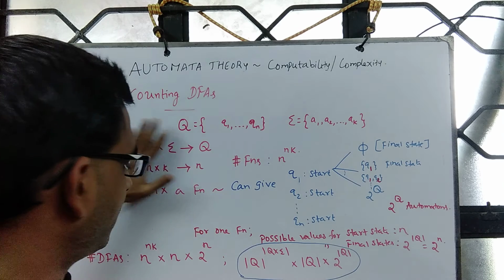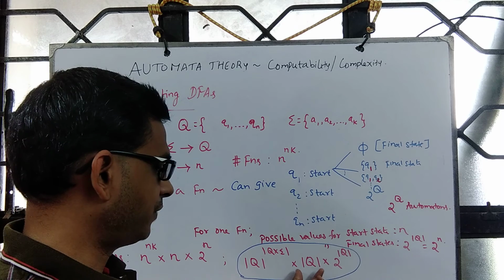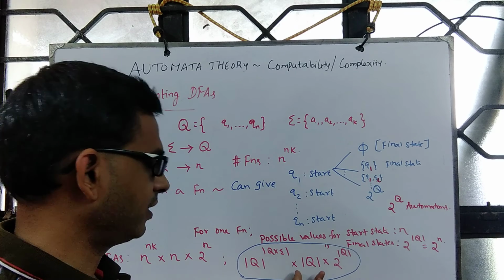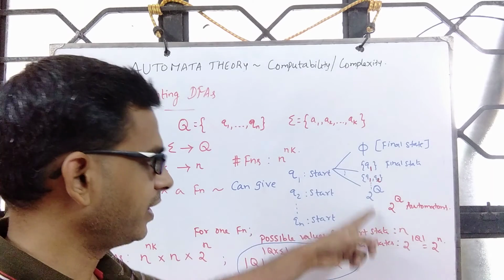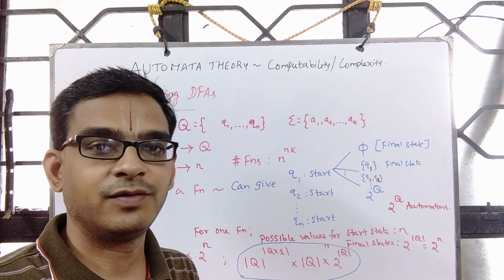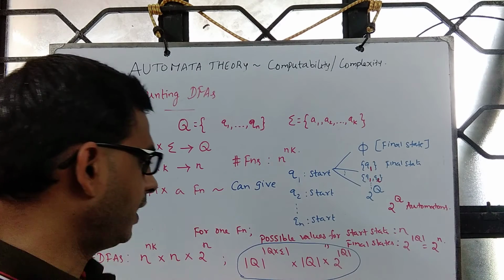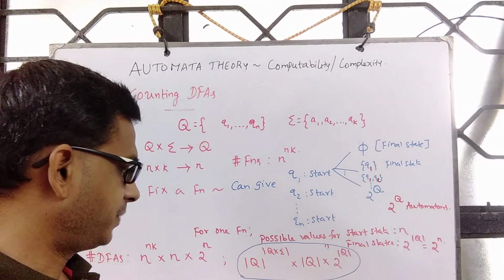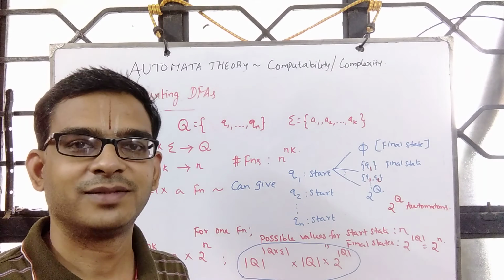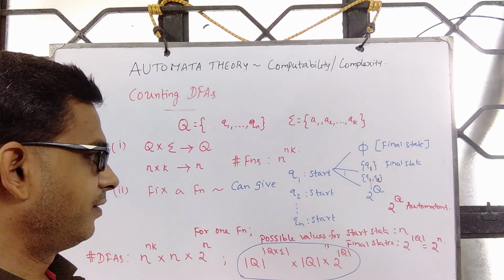First you look at the possible functions, then look at possible values for the start state, and fixing the start state, count how many automatons are possible for various values of final states. That will tell you the overall count, which is precisely this number. Fine.